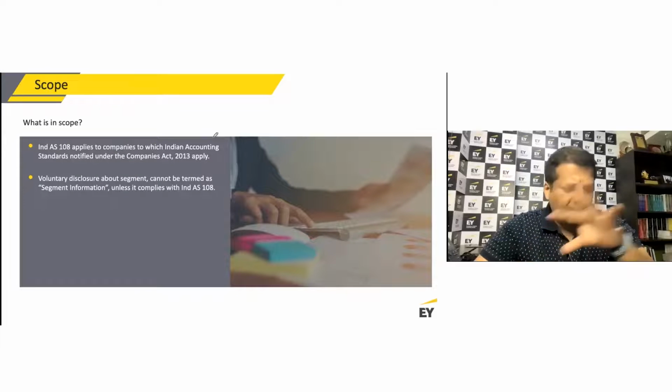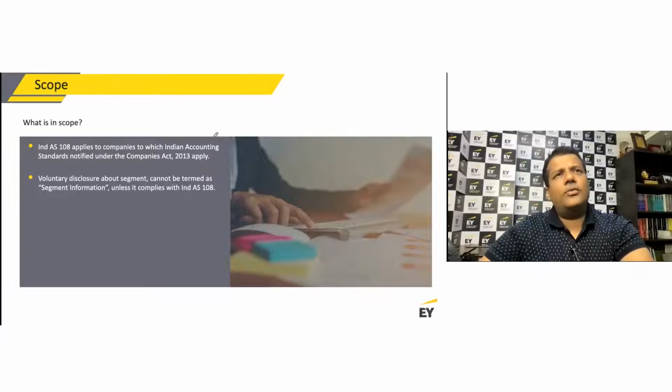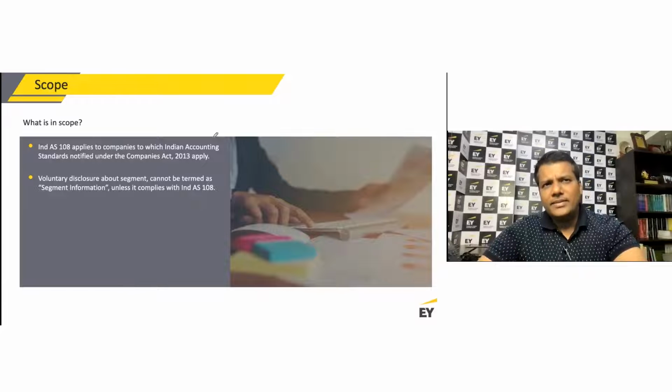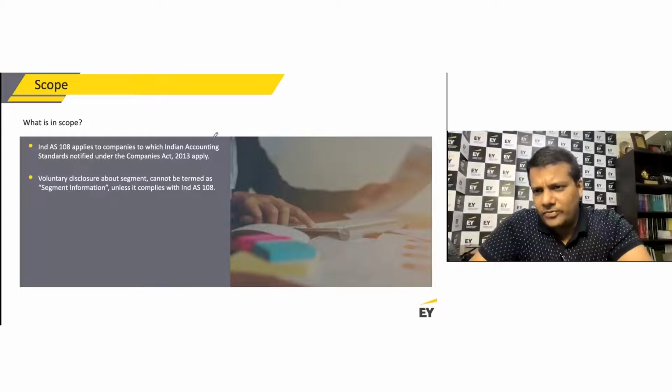In a way, you try to break down your revenues or business performance into certain logical groups, which was the old standard on segment reporting under Indian GAAP, where you try and do it by product or by services or by geography, right? Otherwise, the way the new standard looks at it under IND AS 108 is how you as management review your financial performance.